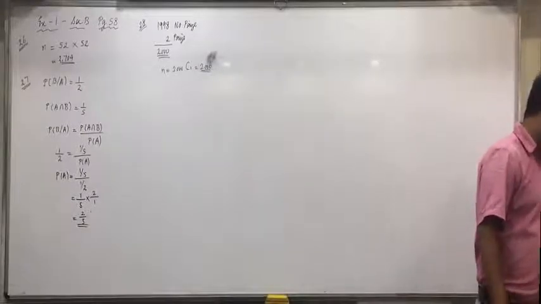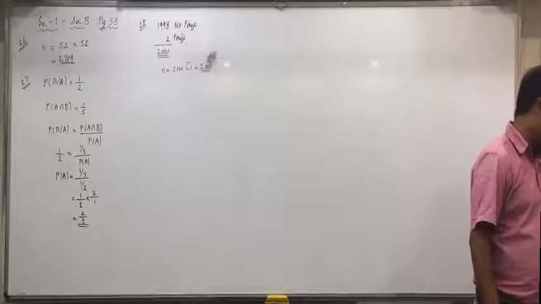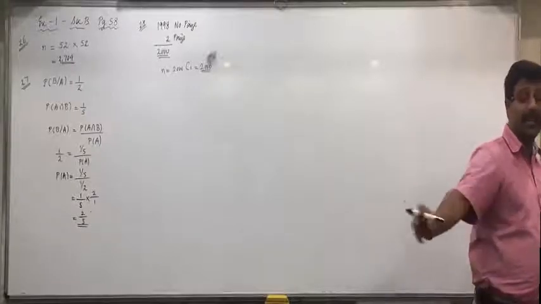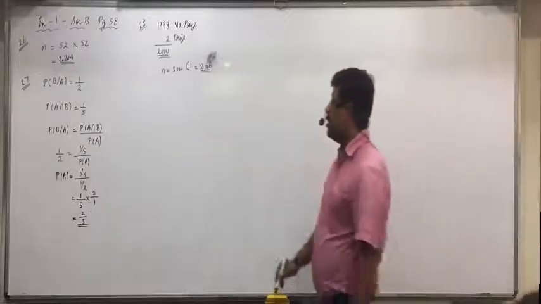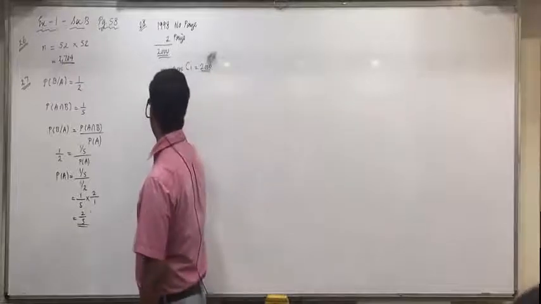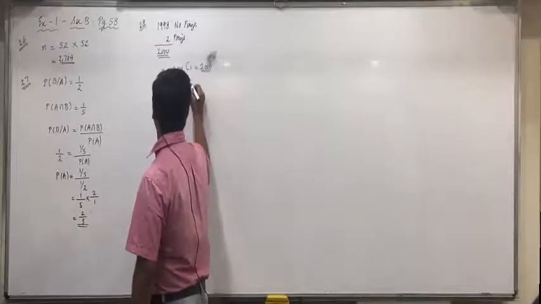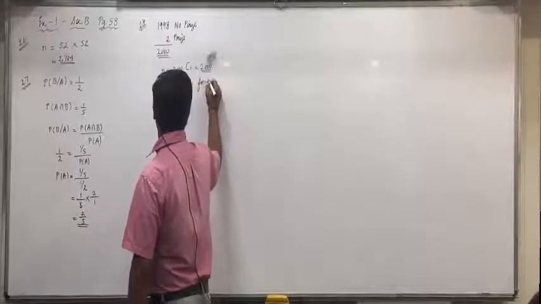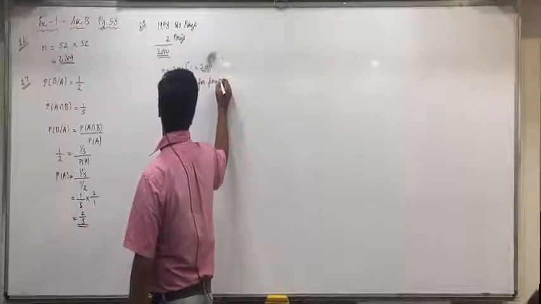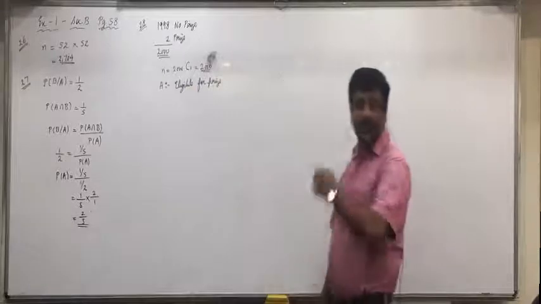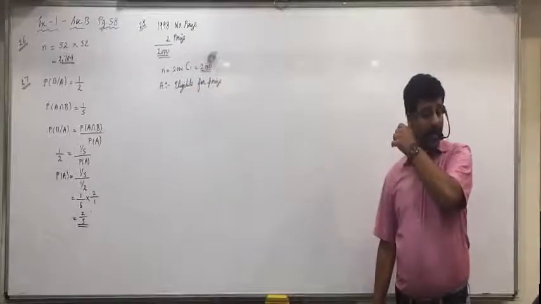What is the probability that the ticket selected is eligible for a prize? Mark it as event A. So let event A be the event that the ticket selected is eligible for a prize.